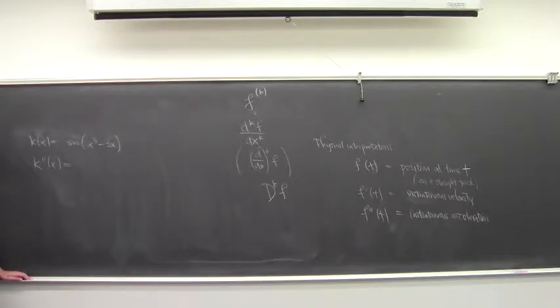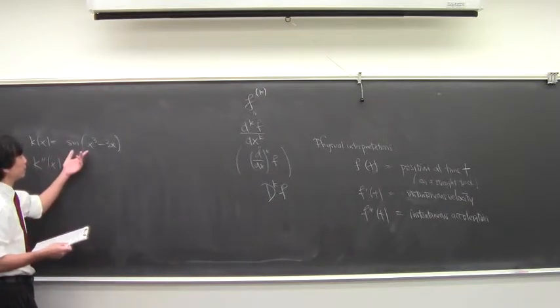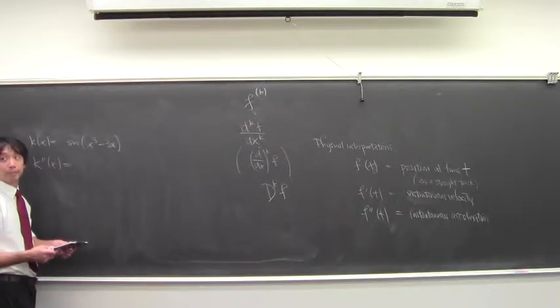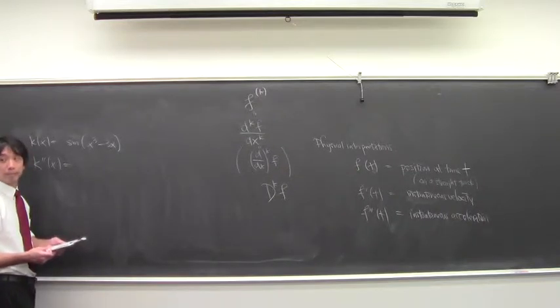Anybody want to say what they got or say how to do it? Luke, you looked up first. Do you want to tell me how to do it? Tell me what you're using. What do you use to differentiate this? So first I did sine outside of the, I differentiated sine to be cosine of (x cubed minus 3x) times (3x squared minus 3).